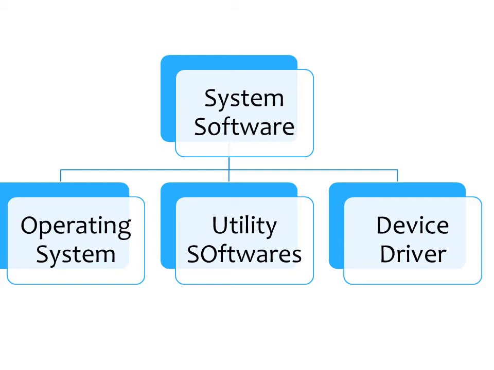Some of the system softwares are operating system. It is the most important system software because in its absence we cannot start our computer system. It is the software which provides access and security to users' data as well as manages other applications. Then is system utilities, or we can say utility software.